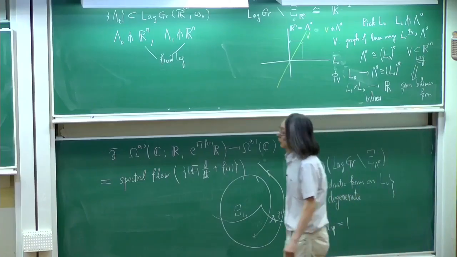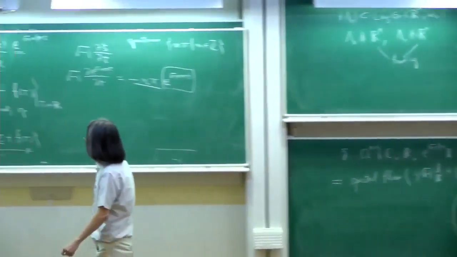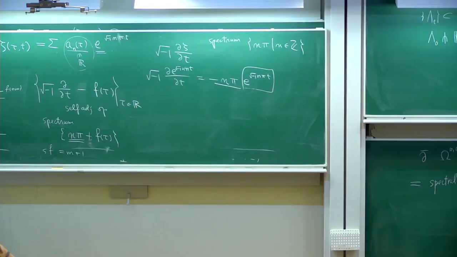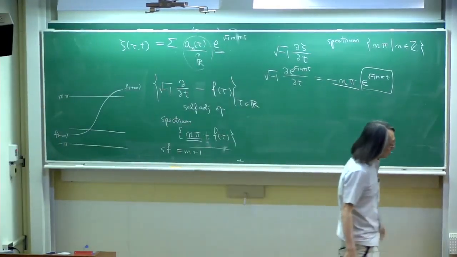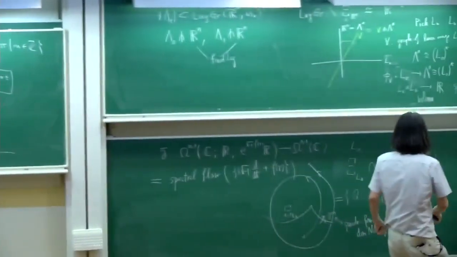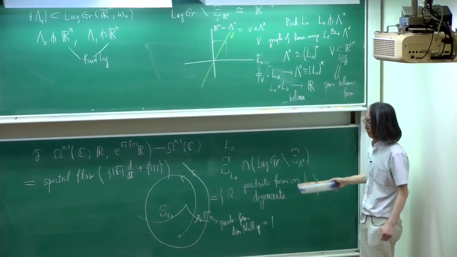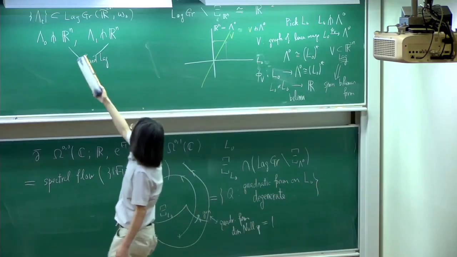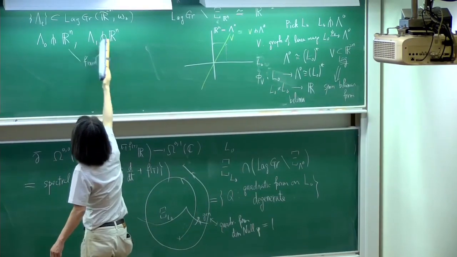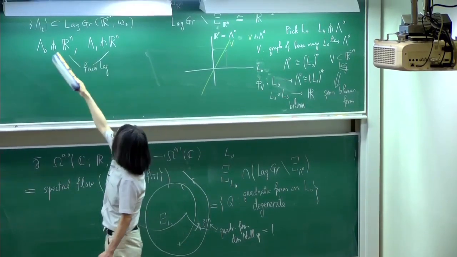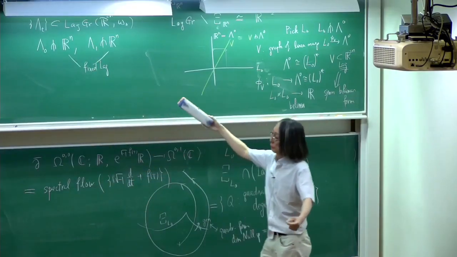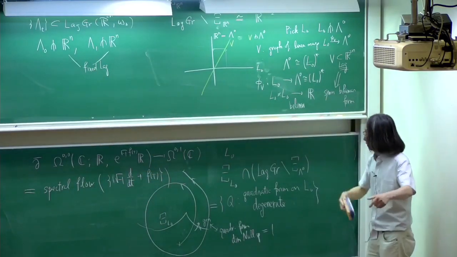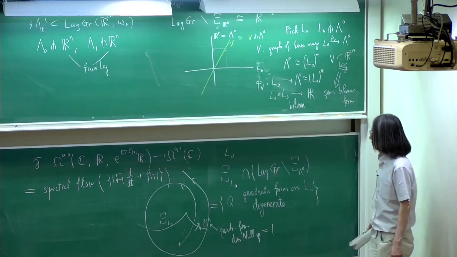And this is somehow related to this. So this is a topological index. Just look at this Lagrangian Grassmannian, and then take this reference Lagrangian, and if they have these two endpoints which are away from this sigma, then you can do this.